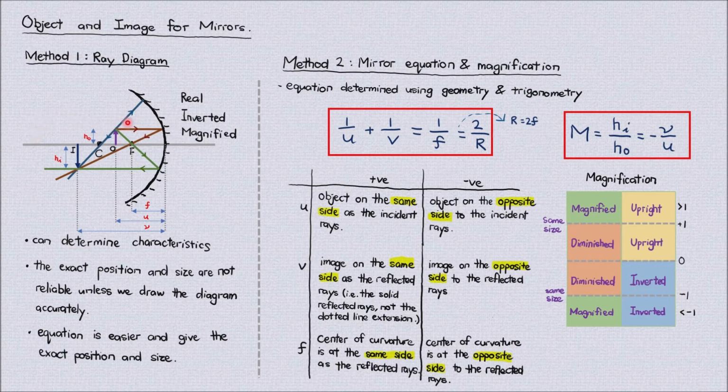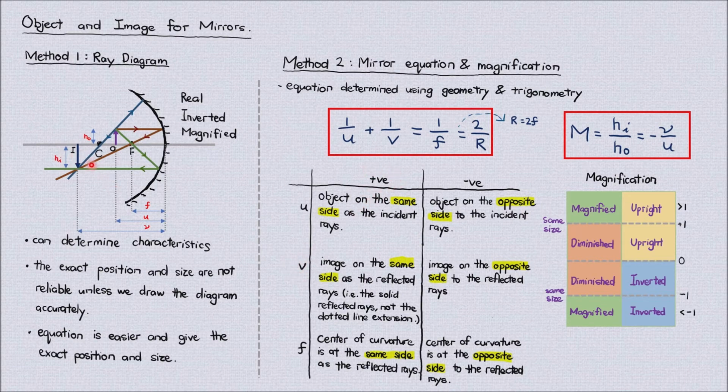So any reflected ray will appear in front of the mirror instead of behind the mirror. There will be no reflected ray behind the mirror, only in front of it. So if the reflected ray is here, then our image is also in front of the mirror. We can determine that the image is on the same side as the reflected rays. In that case, our v here should also be positive.